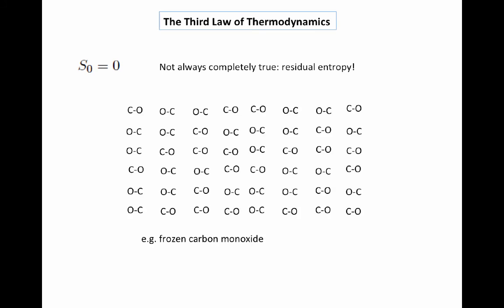Take carbon monoxide and freeze it and lower its temperature. In solid carbon monoxide, the molecules will tend to arrange themselves in one of two different ways, either oxygen on the left, carbon on the right, or carbon on the left, oxygen on the right. Now, when you drop to absolute zero, whatever way round each molecule finds itself, it can't get out of that state. Right?